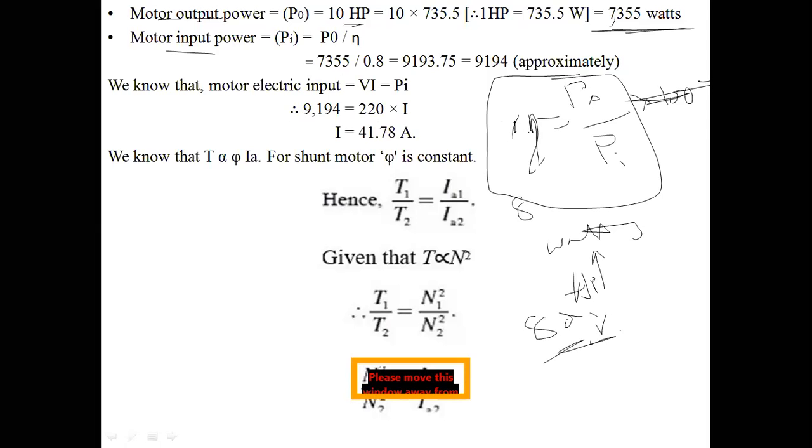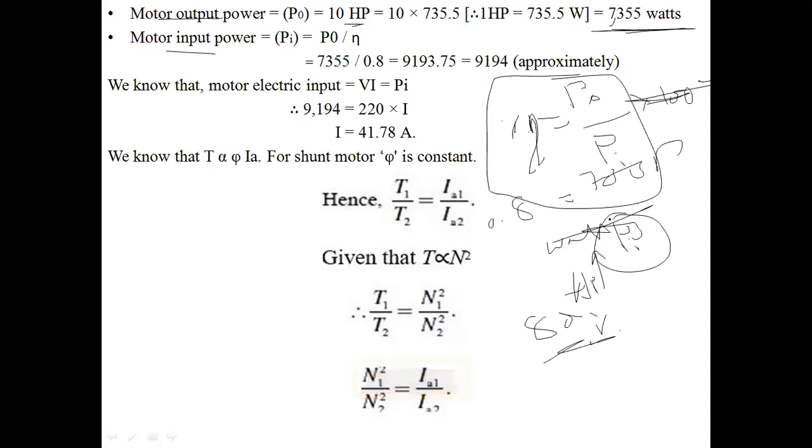So 80 by 100, that is 0.8, equals 7355 by input power. This is the term you have to calculate. By cross multiplying, what is the input power?